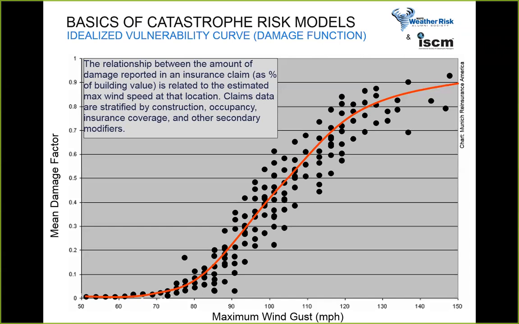So there's a couple of issues here. Most modelers will use the empirical data to fit the lower end of the curve. Then they might have some kind of discontinuity or jump, or smooth it out via a parametric curve to make assumptions at the top end. And obviously it's going to asymptote once it gets to 1, because you can't get beyond complete damage.